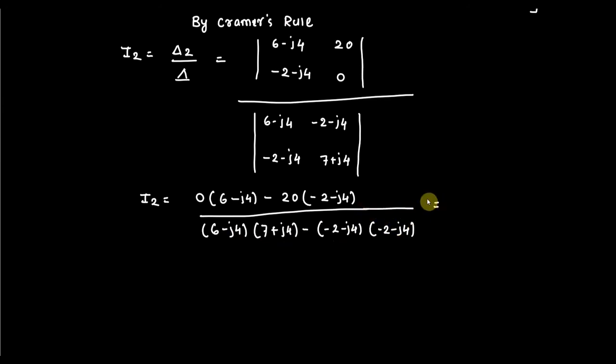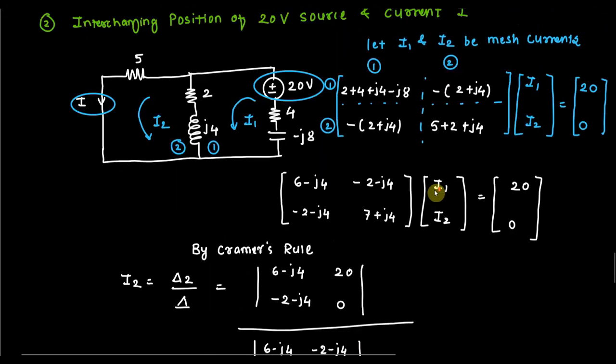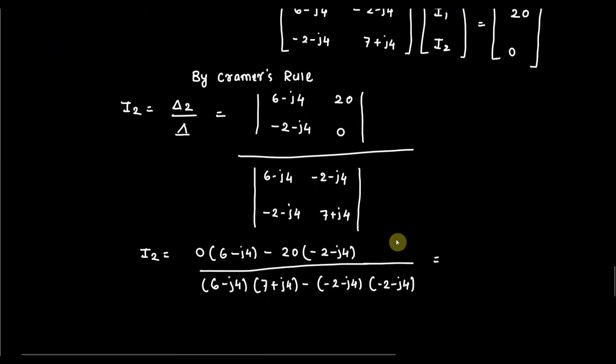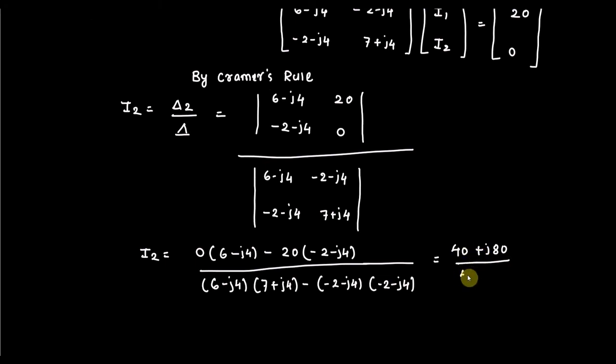If you solve, we already solved it on the upper side. You can see we will get the same answer. Both are the same. So 40 plus J80, if you solve, and this comes out to be 46 minus J20. Right?